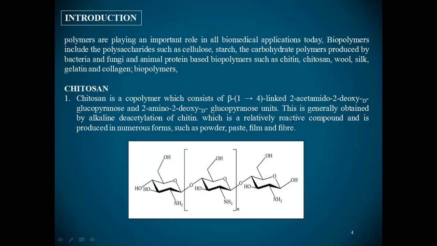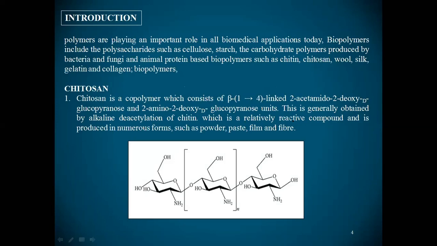Now the introduction. Many researchers are currently choosing polymer-based dressings for dermal applications of wound healing. But some of the synthetic polymers have produced unwanted effects or irritation, so they are not suitable for all.